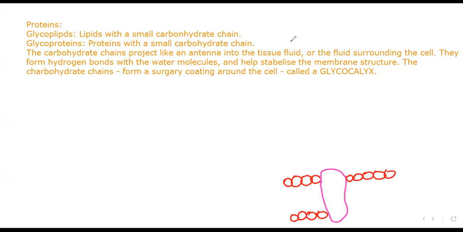Then we have proteins known as extrinsic proteins, right? Those that are found on the outer side, the outer hydrophilic layer of the cell. So these are the different types that we had discussed, right?